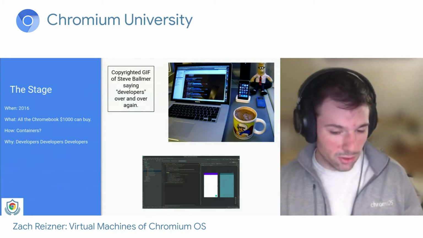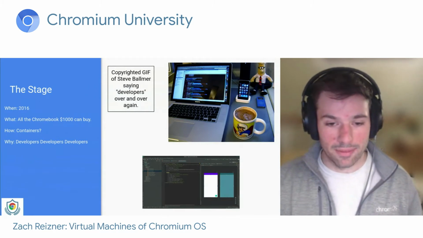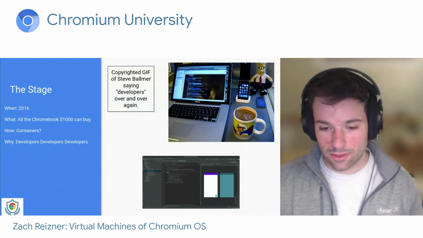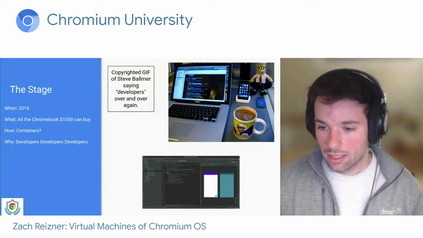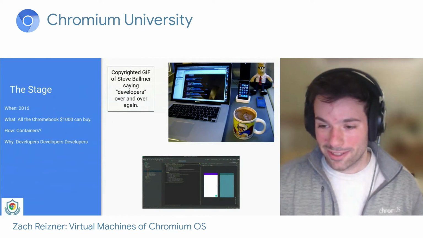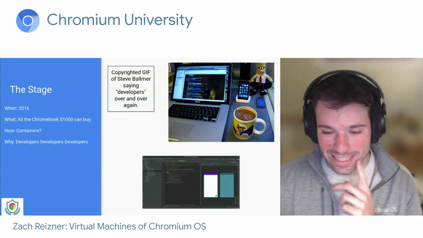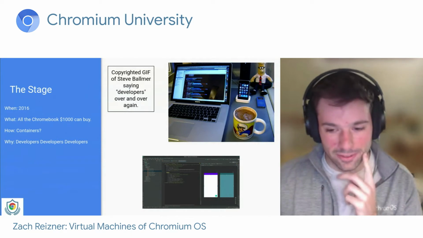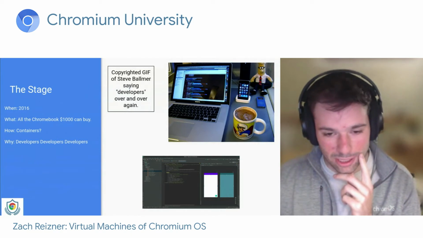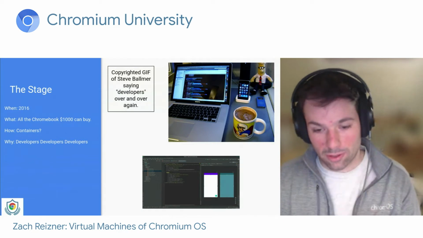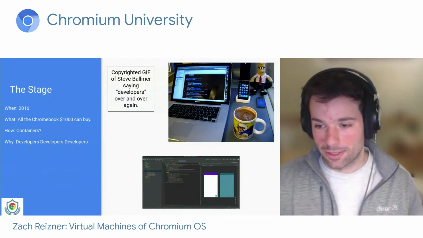We have Android Studio, but you have to run it on a desktop operating system like OS X or Windows. So this kind of got us thinking about what we could do for our developers to make it so they could use Google hardware to develop for Google mobile operating systems like Android.